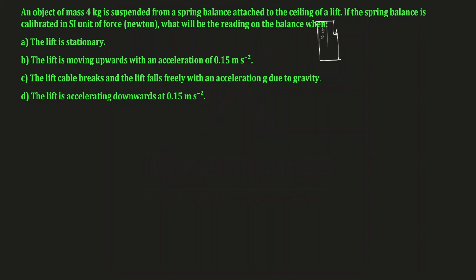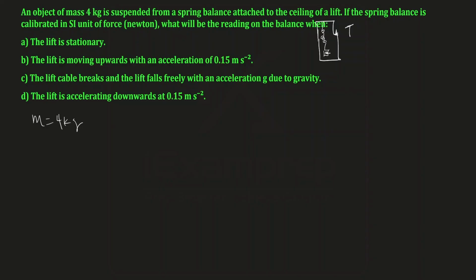Let's say this is the spring, and then this is the object that is attached. We have the mass of the object to be equal to 4 kg, right? If the spring balance is calibrated in SI unit of Newton, that means the tension in the string is measured in Newton, right?